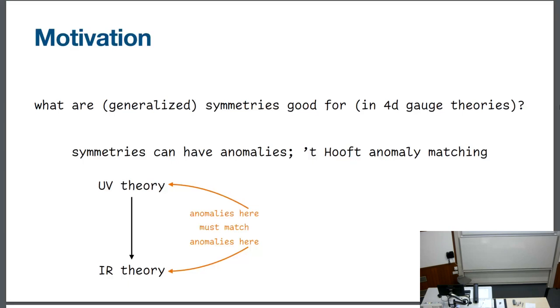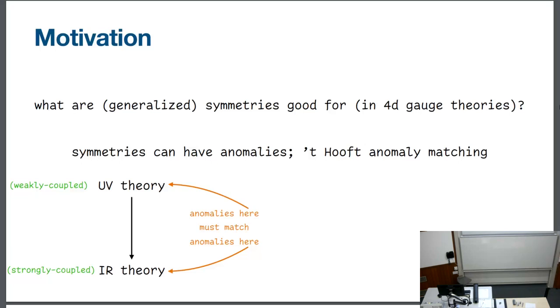So one of the reasons symmetries are interesting is that symmetries can have anomalies. And anomalies are sort of topological properties. They behave very nicely. So there's a property called 't Hooft anomaly matching. And 't Hooft anomaly matching says that if you have some UV theory, which perhaps is some weakly coupled theory, think about, say, QCD at high energies, and there exists a flow of that theory into some IR.